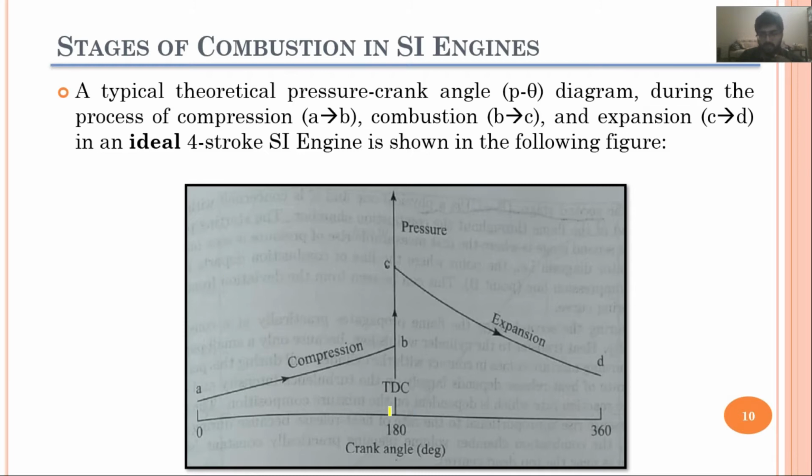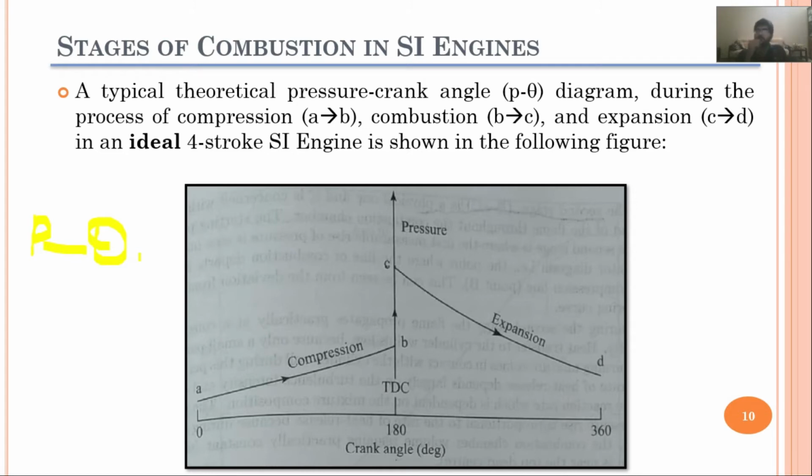So this is the pressure and theta diagram. Here pressure is the pressure inside the combustion chamber, and theta is the crank angle. Theta is the crank angle, how much your crankshaft has rotated.